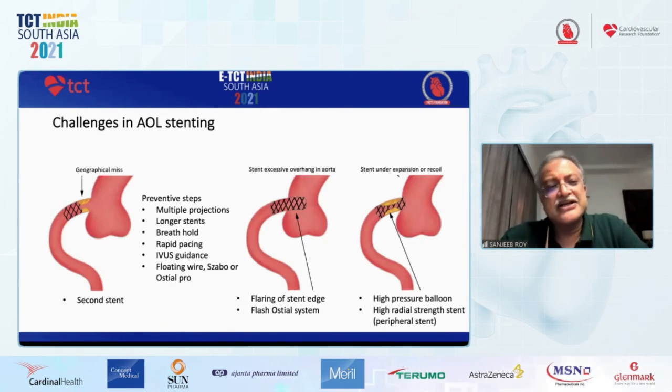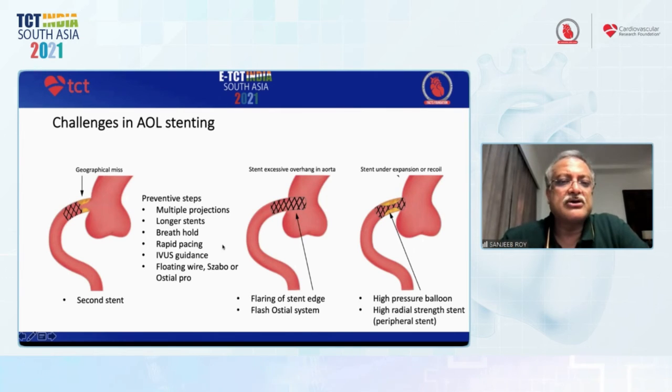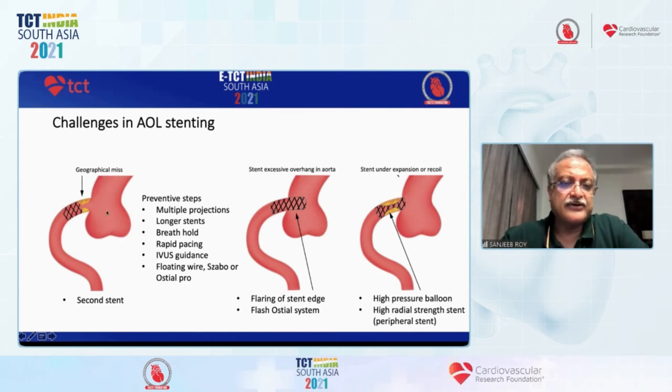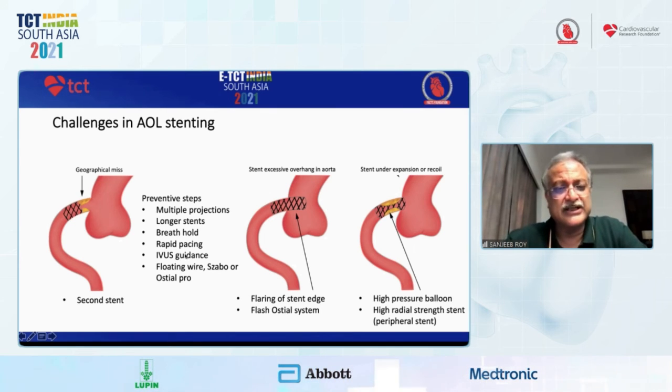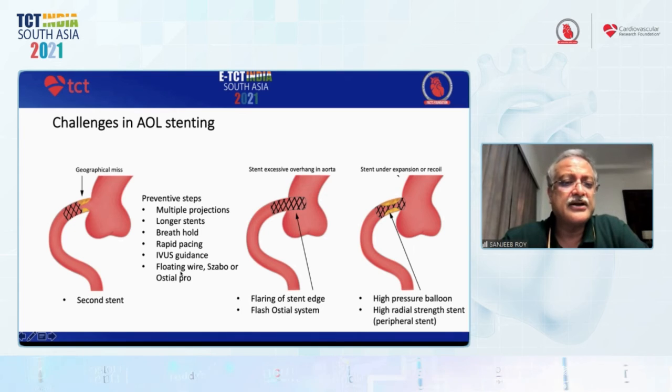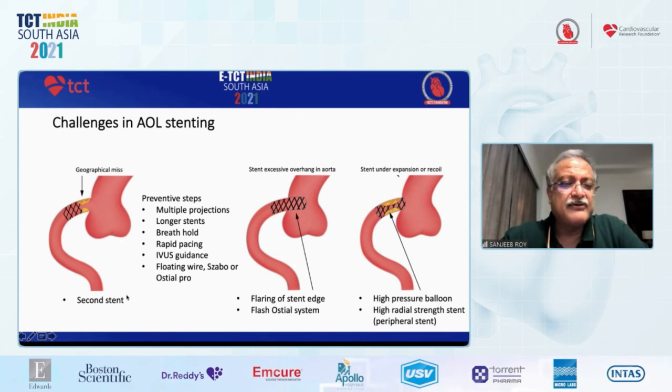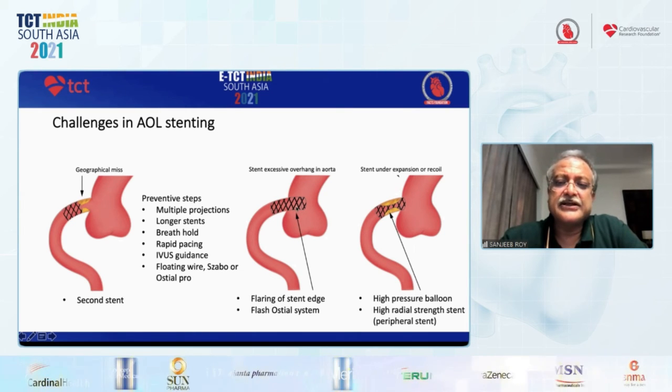There are complications, and the complications include a geographical miss. For that, we need a little bit longer stents, more breath holding, maybe sometimes rapid pacing and IV adenosine, or some of the other guidance techniques, as we already discussed, the IVUS guidance, the floating wire. And if it has happened, we might need a second stent. The other situation is the excessive protrusion of the stent in the aorta.